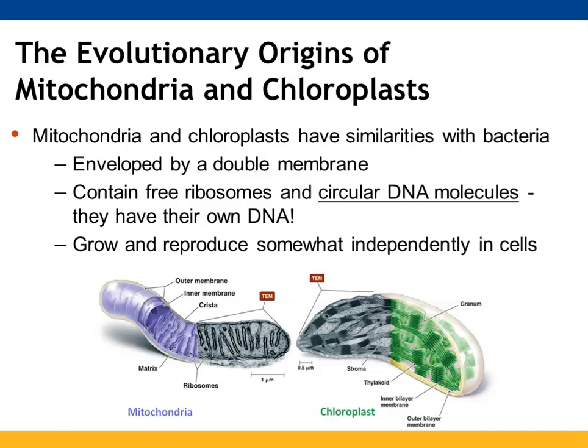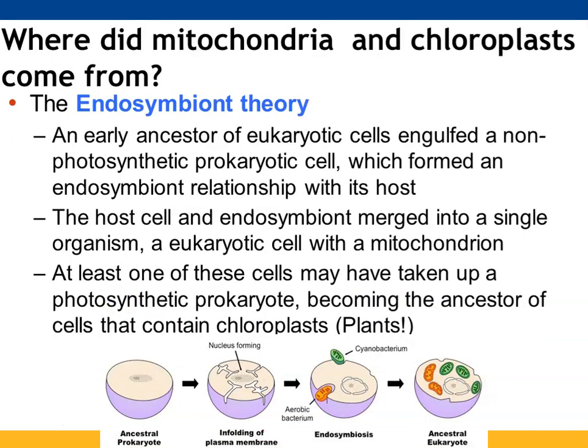So there's definitely been some studies as to how these came to be, why these organelles have these different properties compared to other organelles. The theory that is thought to have led to the development of mitochondria and chloroplasts is called the endosymbiont theory.